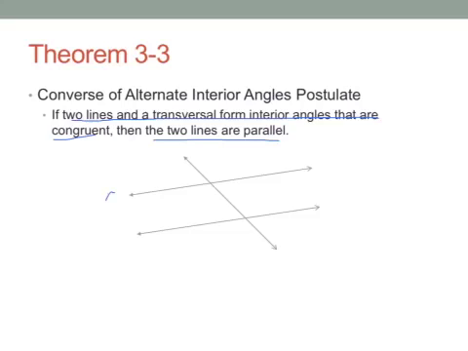So again, if we have line A, line B, transversal T, and we have alternate interior angles that are congruent, angle 1 and angle 2.